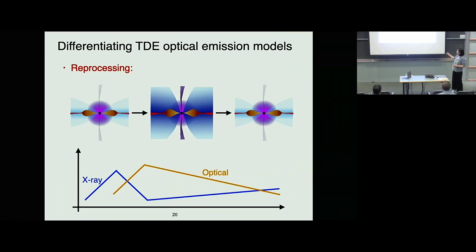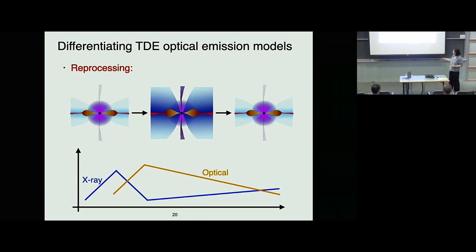At a later time, as just mentioned, we expect X-rays to catch up because of the opening up of the funnel, or the reduction of the reprocessing material. But also in the earlier phase, before the peak, we expect the opposite to happen: obscuring material should build up, or the superheating wind should build up.